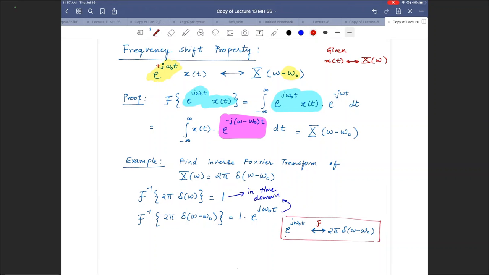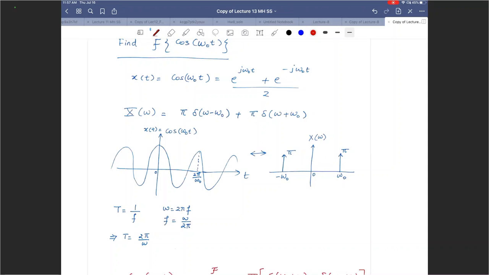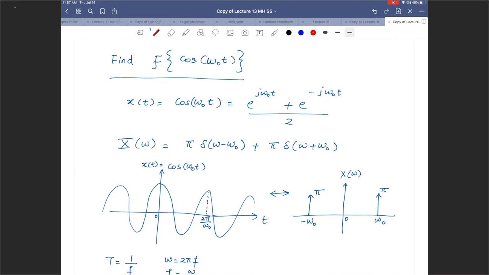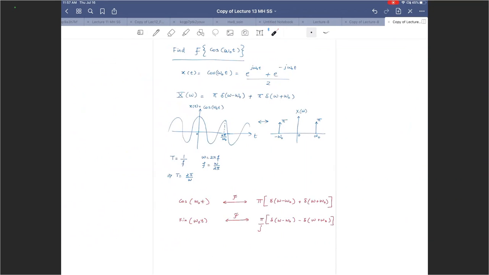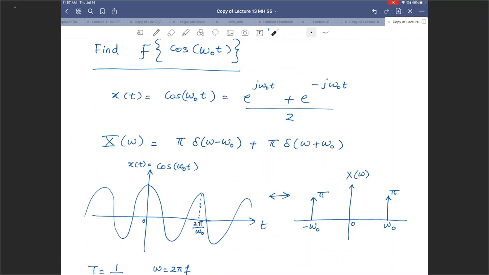Now using this, we can actually find the Fourier transform of a cosine. The Fourier transform of a cosine can be obtained by using the property that we just wrote right here, e to the j omega naught t. Because I can construct a cosine using Euler's: cosine omega naught t is e to the j omega naught t plus e to the minus j omega naught t, divided by 2.